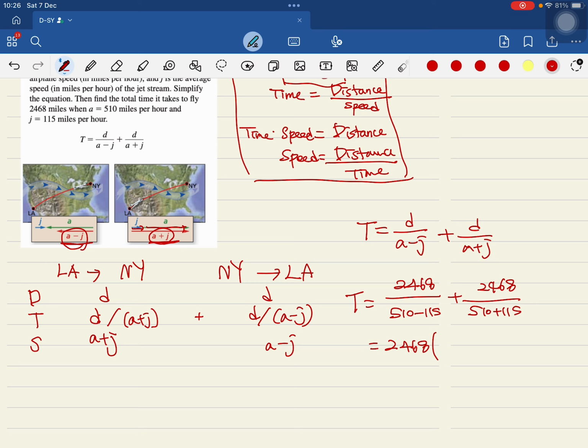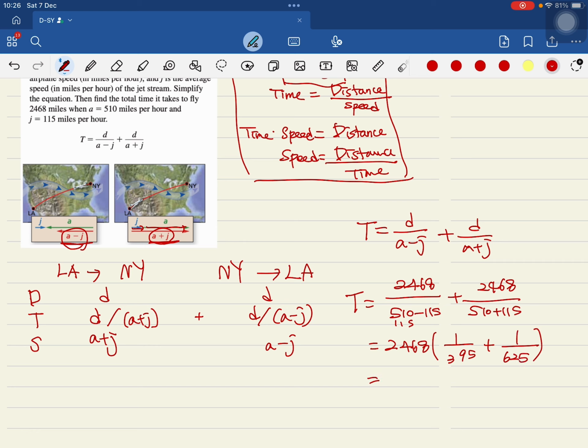Let me resolve this fractional expression first and multiply the 2,468 later. So here 594, oh, 3, plus 625.